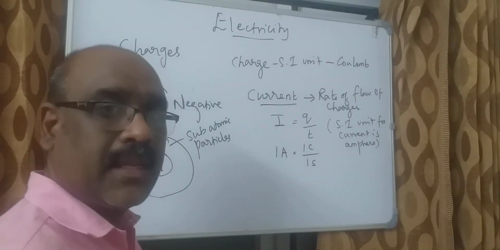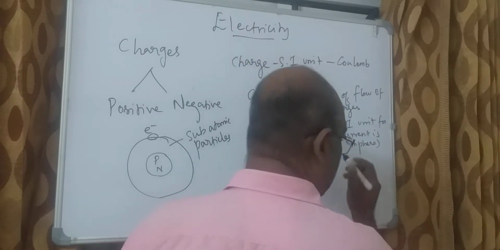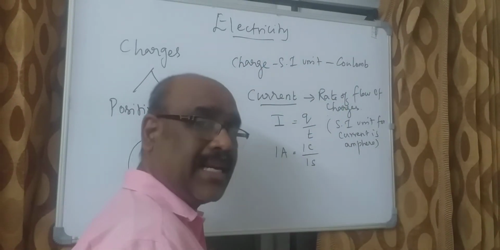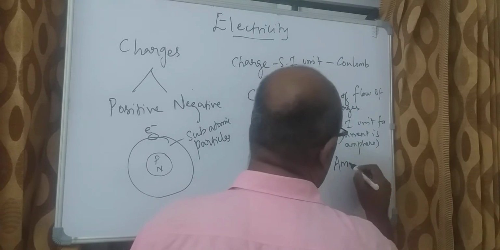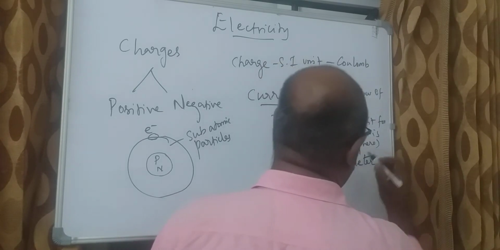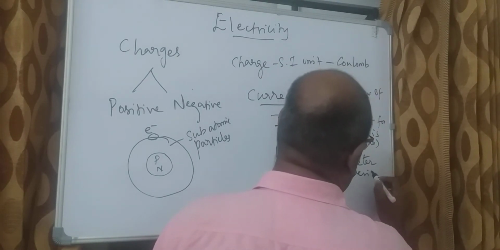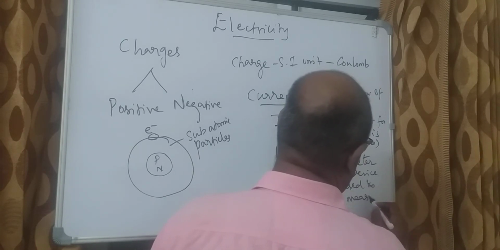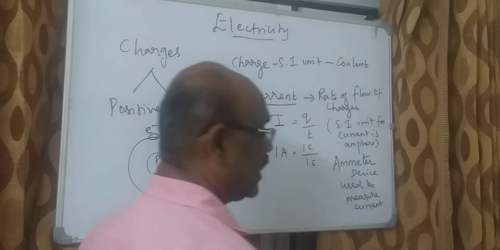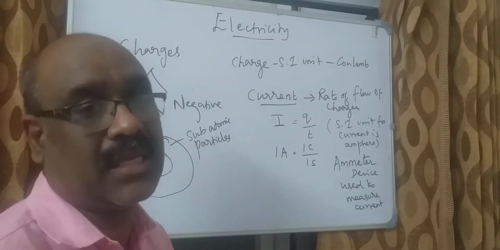And the instrument which is used to measure the current is the ammeter. An ammeter is the device used to measure the current in an electric circuit.